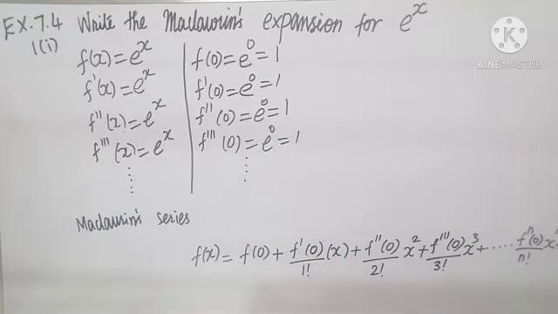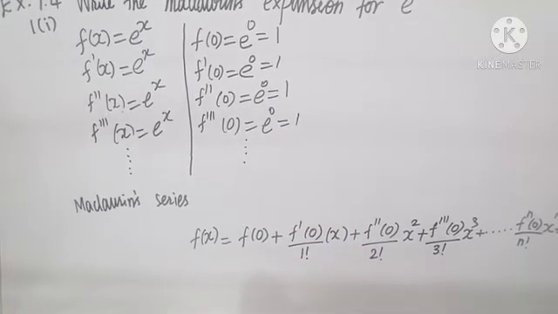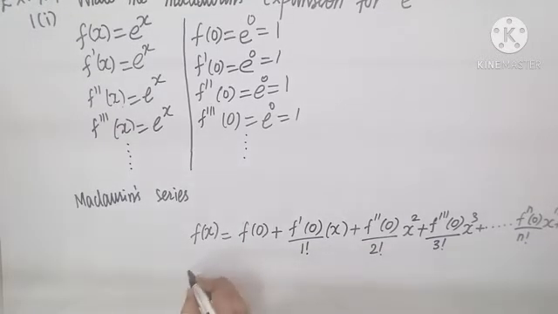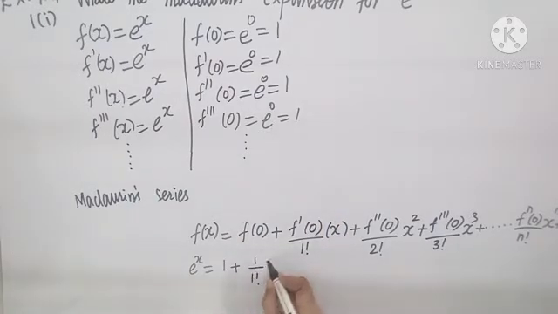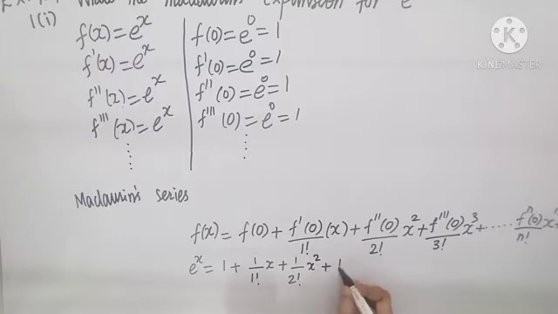Substituting the values here. What is f of x in this question? It is e power x. What is f of 0? 1. F dash of 0 is also 1, so 1 by 1 factorial into x, 1 by 2 factorial into x square, 1 by 3 factorial into x cube, and so on.